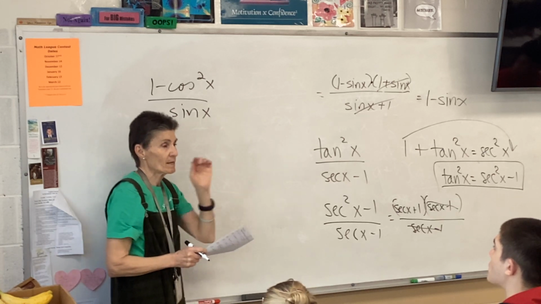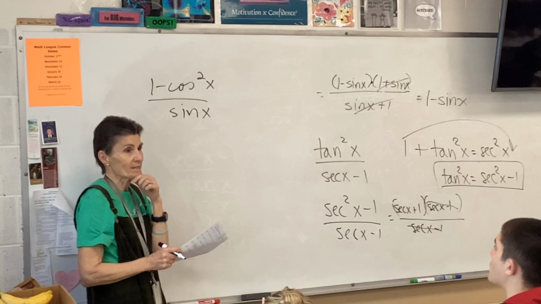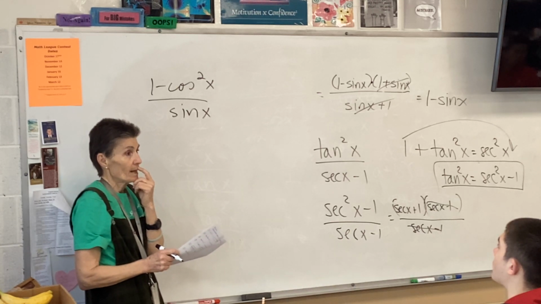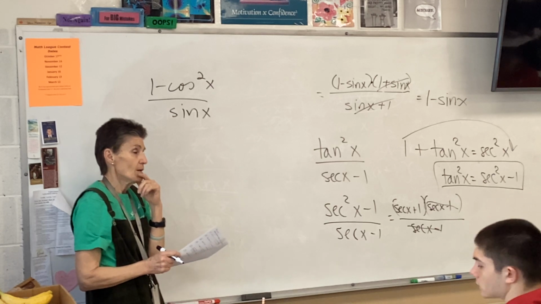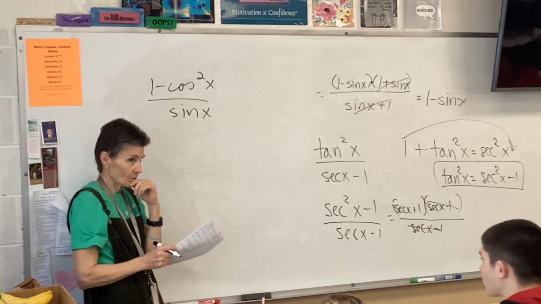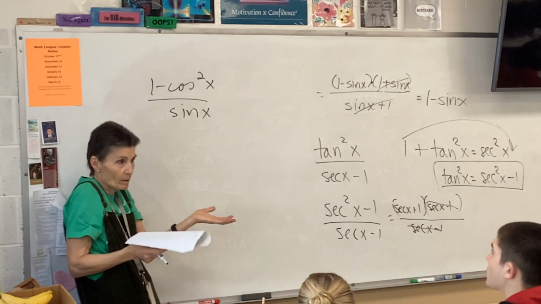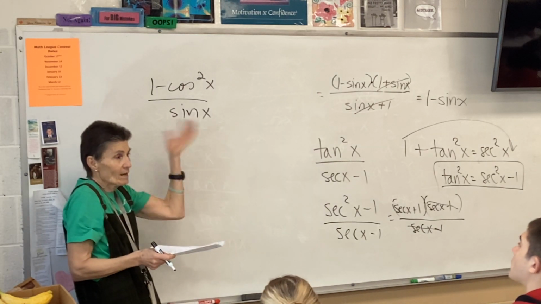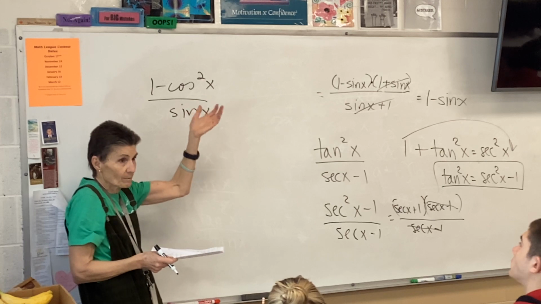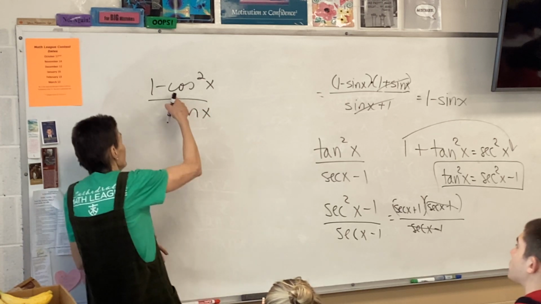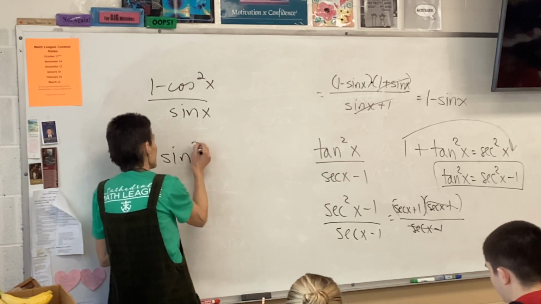But does that take me anywhere? No, because what's in the denominator? The sine, right? And I can't cancel sines and cosines. So maybe instead of factoring, which I could do, I just get stuck at that point. What else do you notice about that numerator? The numerator is sine squared.